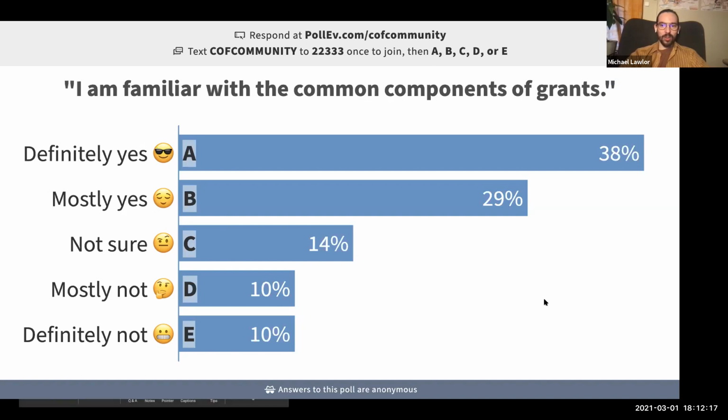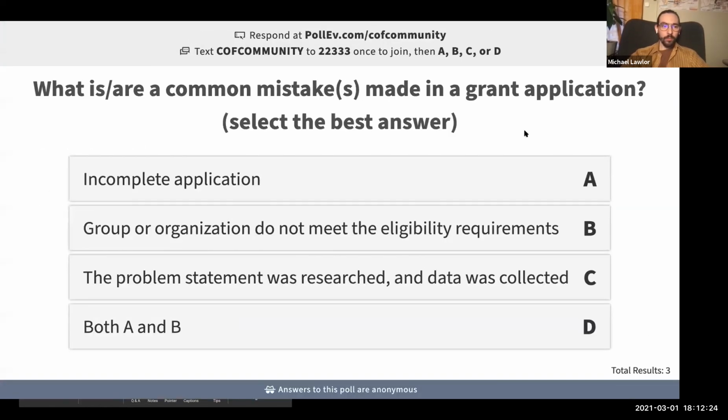Sweet. So we're also going to do another quick question here. This is to test you, for all of those folks who are definitely knowledgeable of the common components of grants. Why don't you prove it and let us know what are some common mistakes made in grant applications?